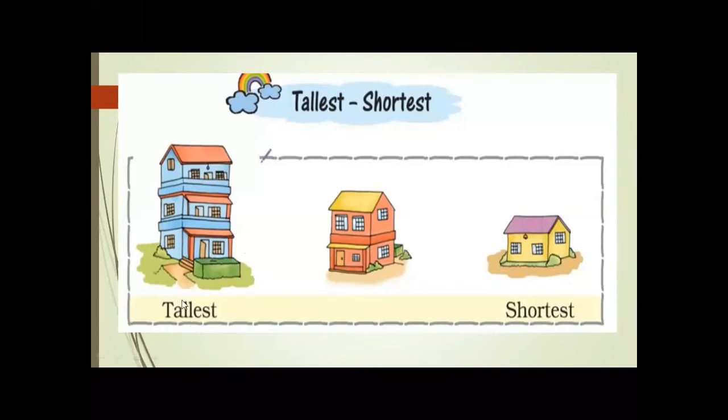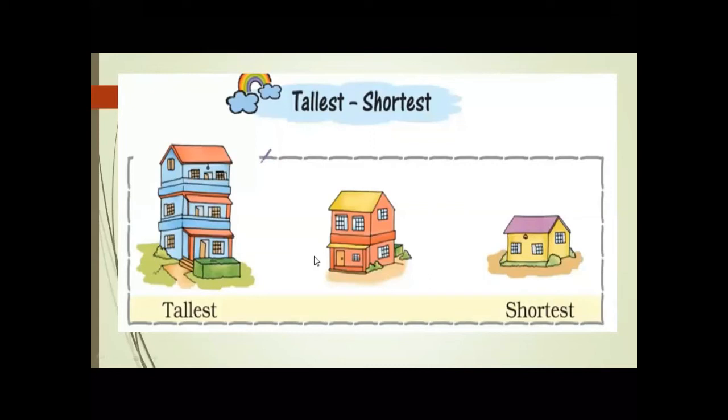But we are comparing more than two things here, so we use the term tallest, not taller, because we are comparing three objects. So we use the terms tallest and shortest. We always remember, whenever we compare more than two objects, we use tallest and shortest.